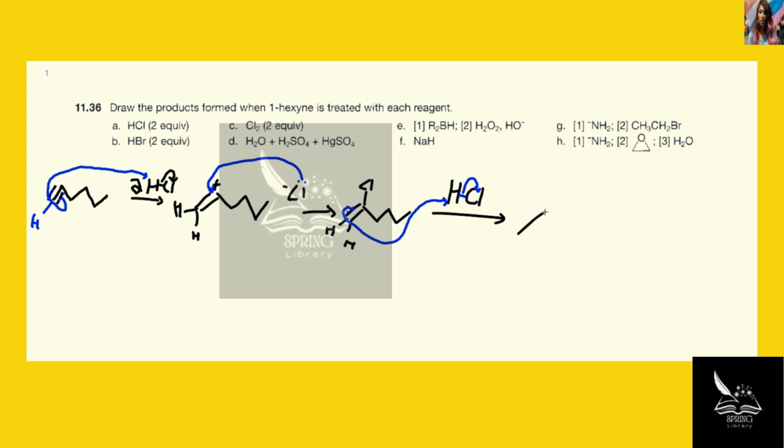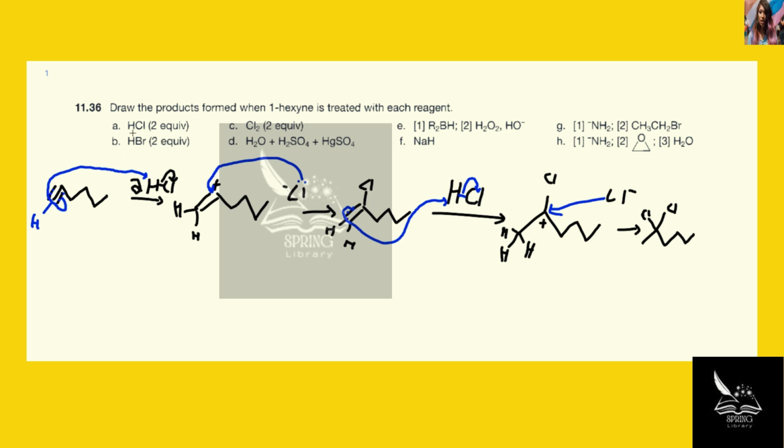And once again, I'm going to get another carbocation intermediate. This side now has 3 protons. And now we have our Cl minus, which can act as a nucleophile once again to neutralize that carbocation. And this gives us our final product here.